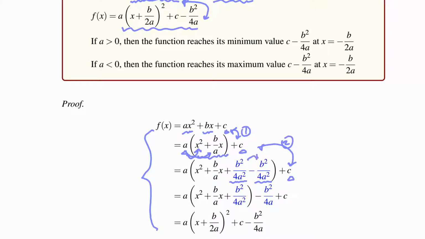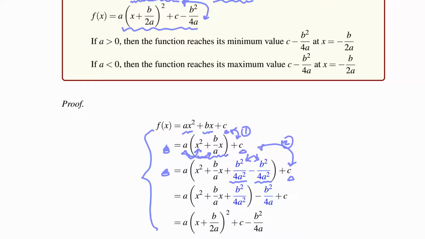Those two will be cancelled anyway. So row 2 and row 3 are the same. It's basically we add and subtract the same term. Okay, but why is it b squared over 4a squared, not other thing?